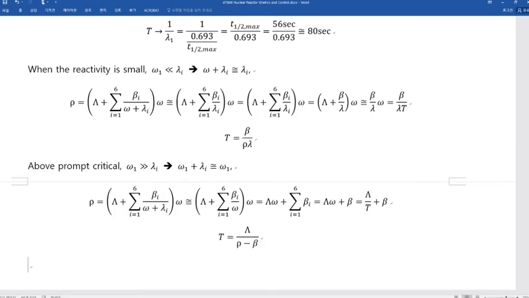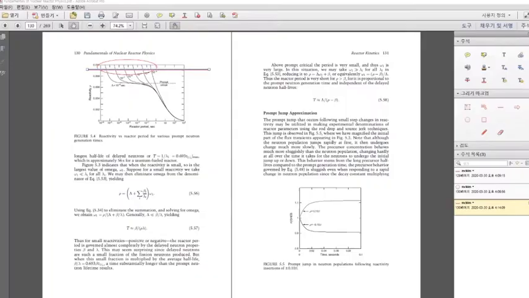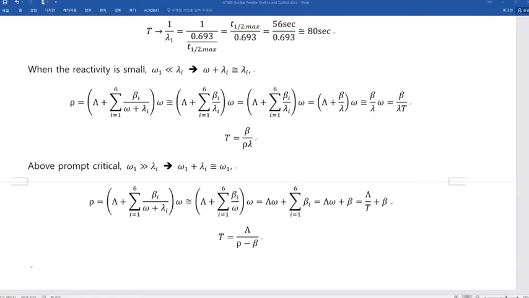Today we have seen how reactor period can be calculated for given reactivities.